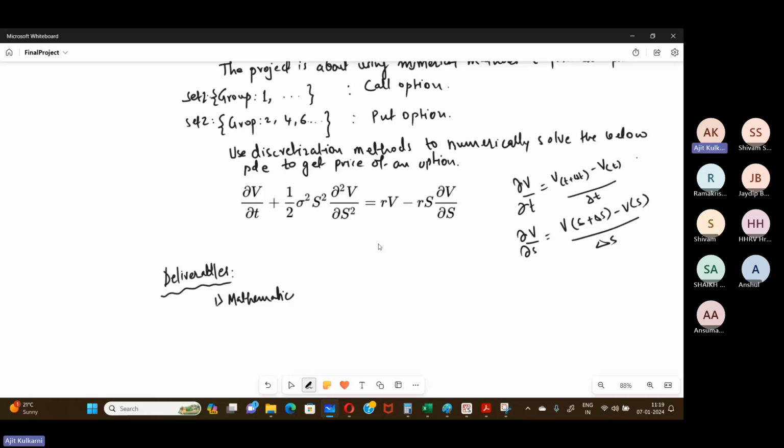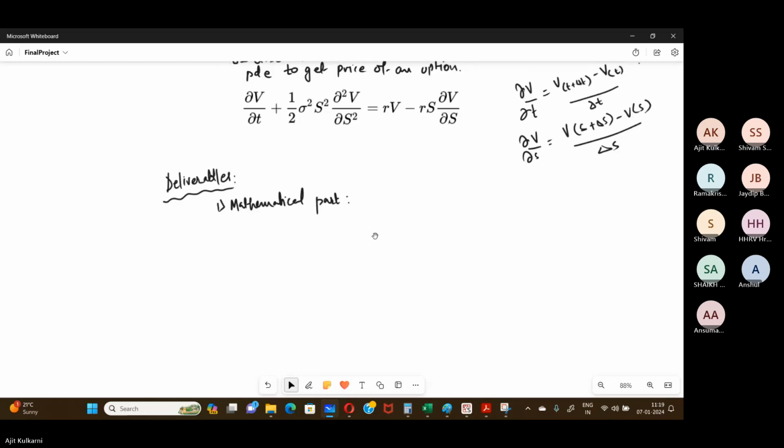Okay, so whatever discretization scheme you use, derive the difference equation for, let us say, v of I comma j is equal to what?